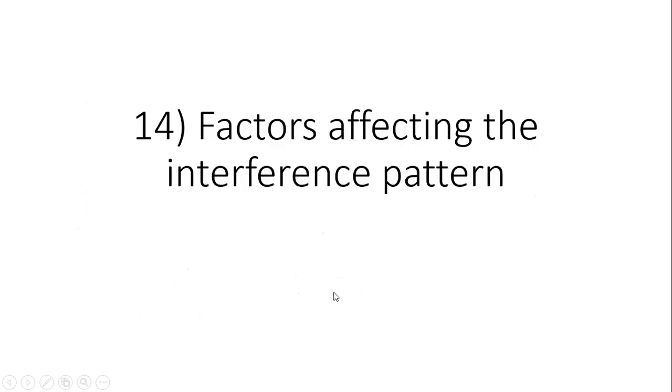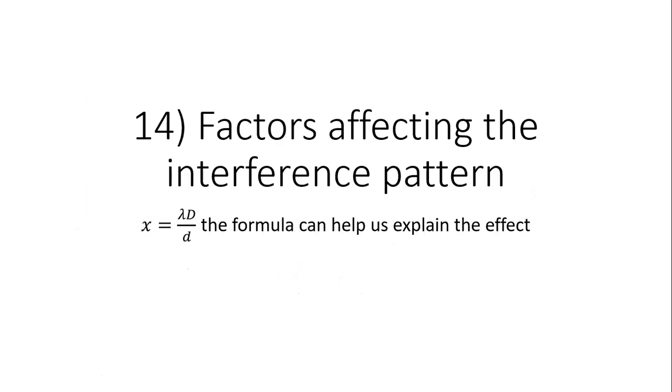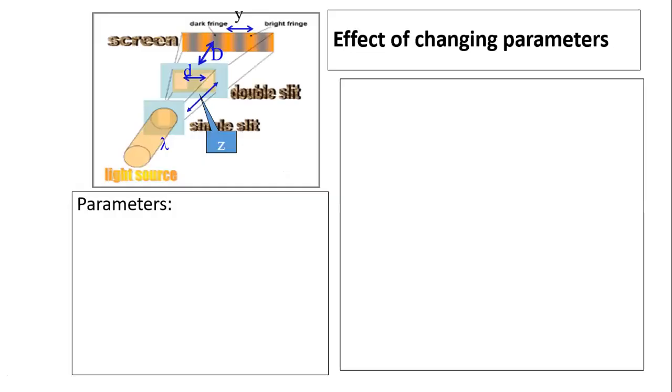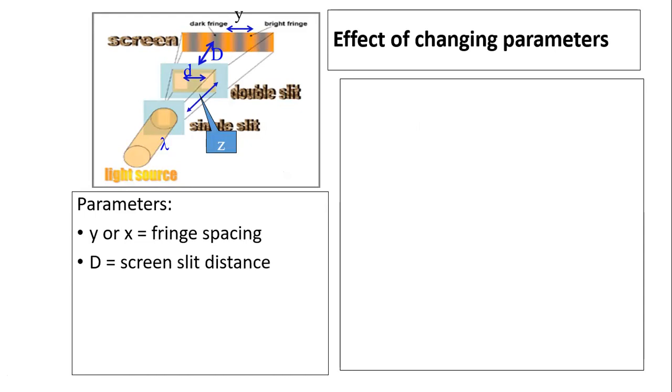Okay, factors affecting the interference pattern. We are basically using this formula, and using the formula that we studied earlier, intensity is inversely proportional to distance squared. So these are all the parameters. X is the fringe spacing.